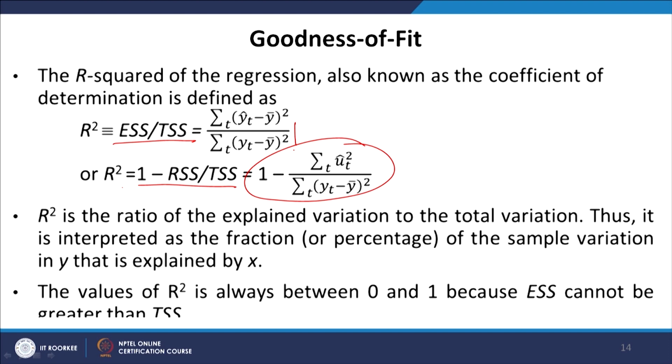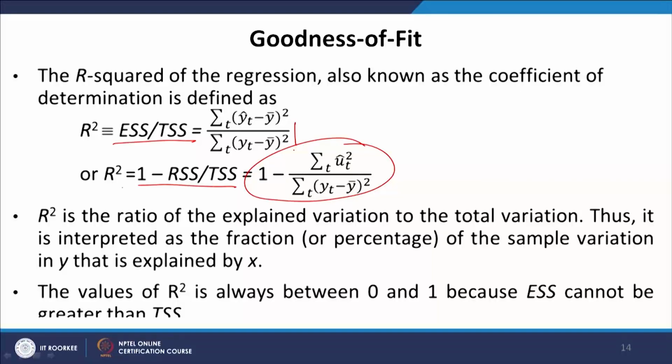The value of R square is always between 0 and 1 because ESS cannot be greater than TSS. Explained sum of squares cannot be greater than total sum of squares because we have just proved that ESS plus RSS, the residual sum of squares, add up together to form TSS, and all of them are positive numbers because all of them are squared sums.